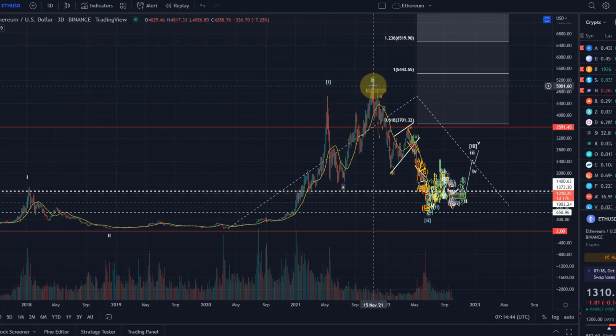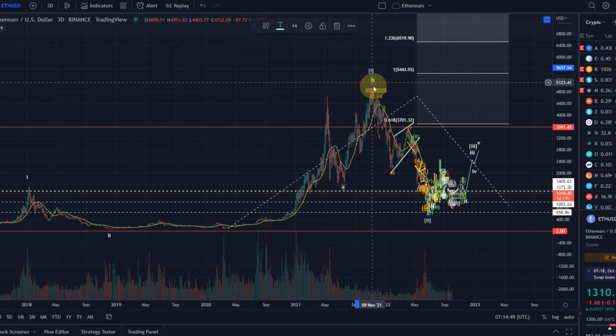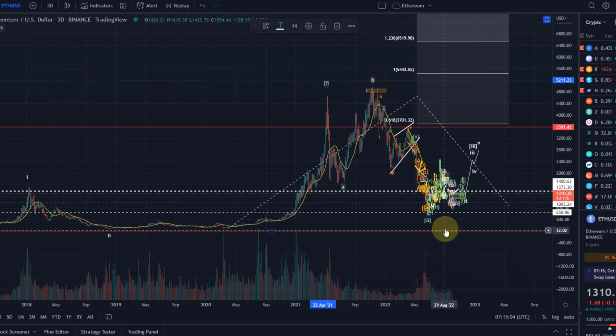Then this here would be a wave 5, which means this here was the wave 1. It wouldn't change a lot, because then you could count this move down as a wave A, this as a wave B, and this as a wave C. It might lead to a little bit lower prices, but in the end it doesn't make a great difference, because it was important on the way down what this was, but now that we're recovering it's not really relevant anymore.